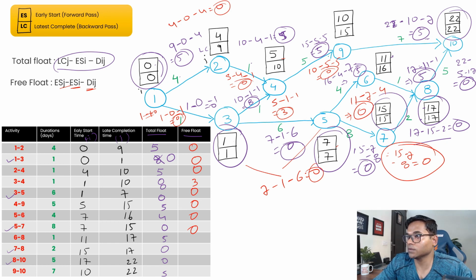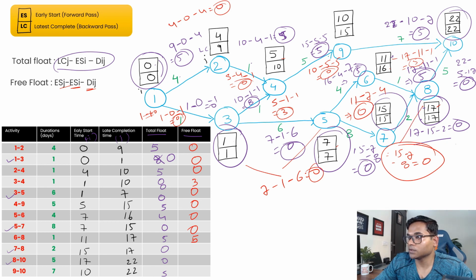Now 6 to 8. 6 to 8 is this one, right? 17 and 11. So if we calculate this, 17 minus 11 minus 1 should be 5, right? And it's 5, okay. Then 7 to 8. Where is 7 to 8? Is this one, right?